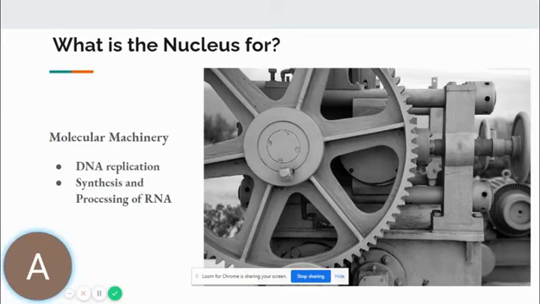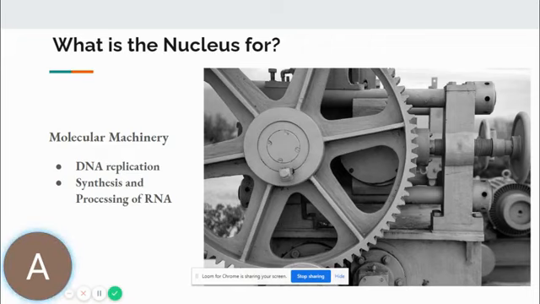So we all know that DNA encodes our genes. We are all made up of proteins, and these proteins are synthesized from DNA signals or DNA sequences. The DNA sequences are located inside the nucleus. DNA is transcribed into RNA.